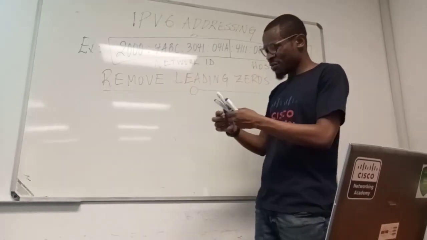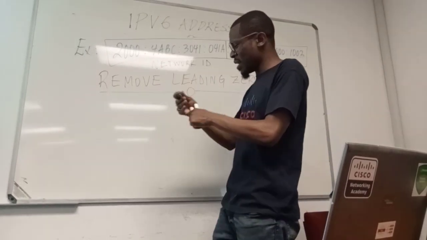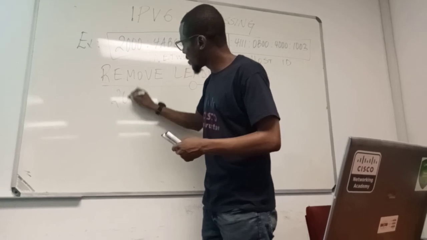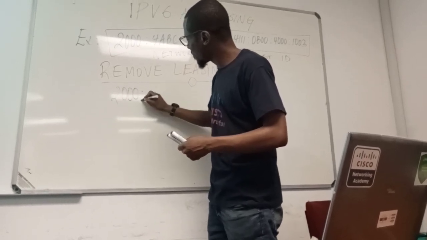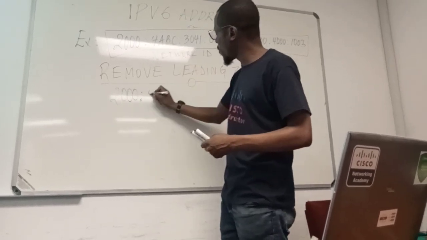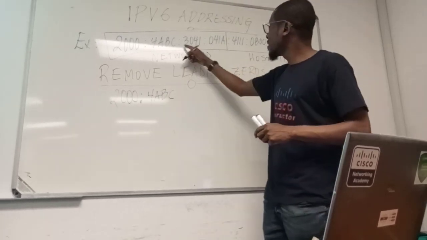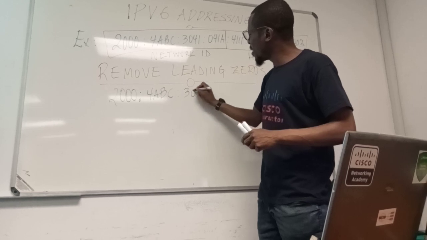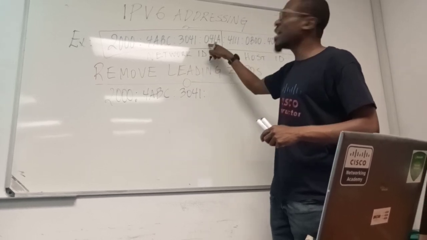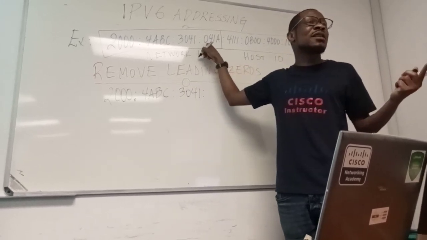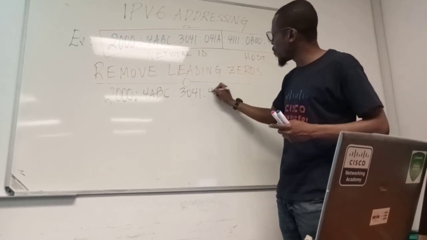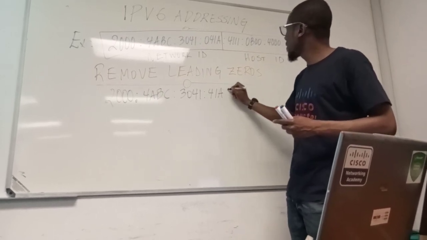So this one is going to be 2000, and this 4 won't change. These two will never change. But this one has a 0, there is no need for you to write it. You're going to say just 41A.